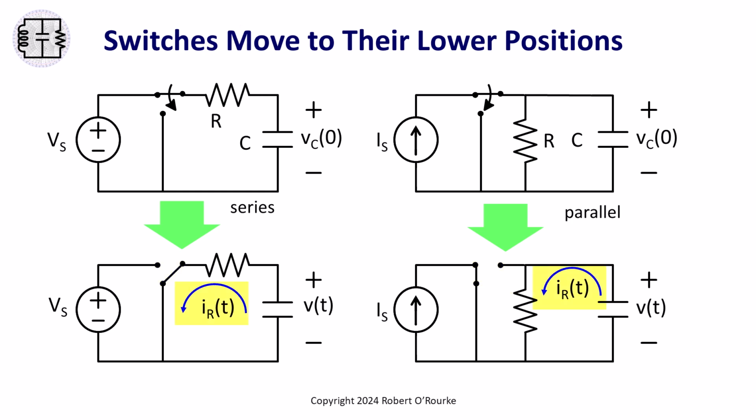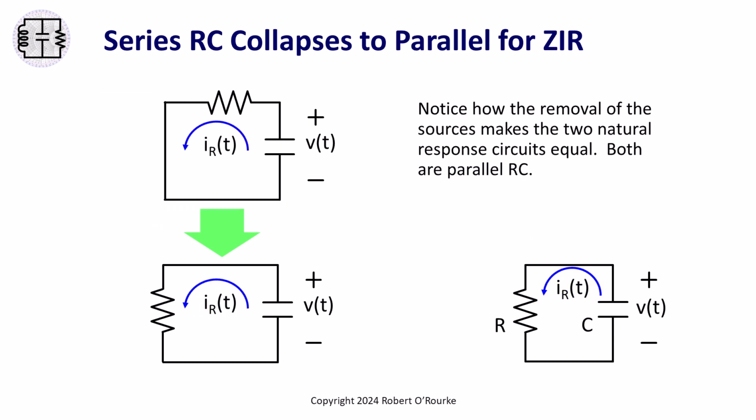The counterclockwise current is the resistor current I sub R of t. For more detail on the current, please view our video on RC reference polarity. When the sources are removed, the series RC circuit now has the same topology as the parallel RC. They are now both parallel RC.